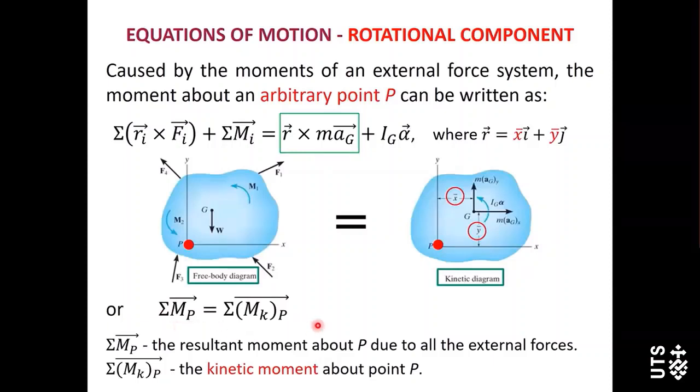And in this expression here, on the left side, that means the resultant moment about point P due to all external forces. And on the right side, that means kinetic moment about point P. And here, mk, k means kinetic, mk means kinetic moment.